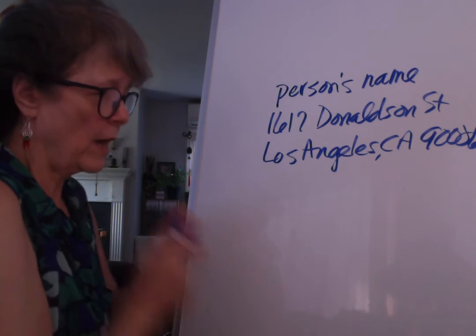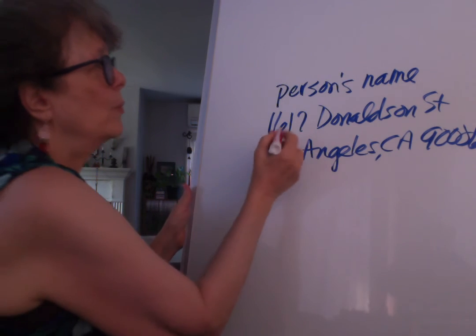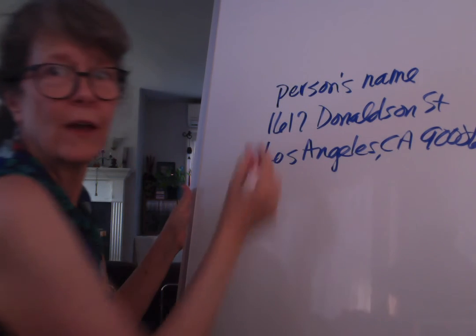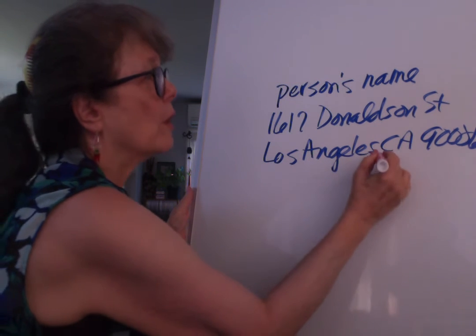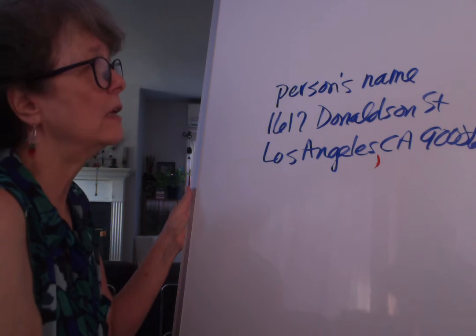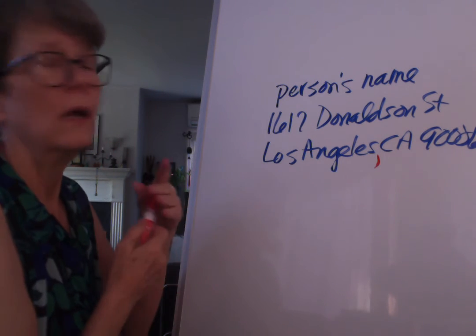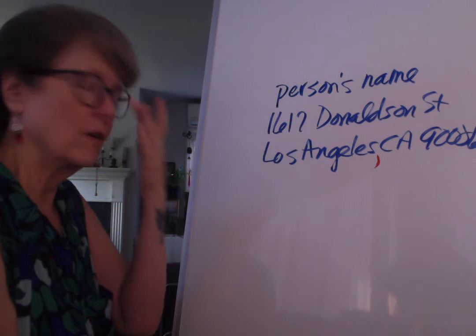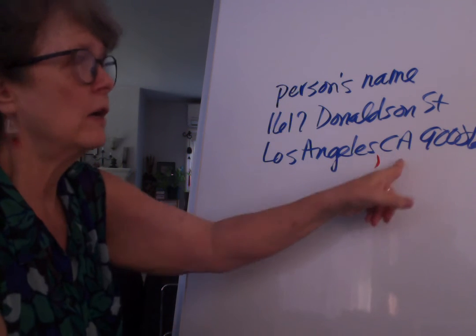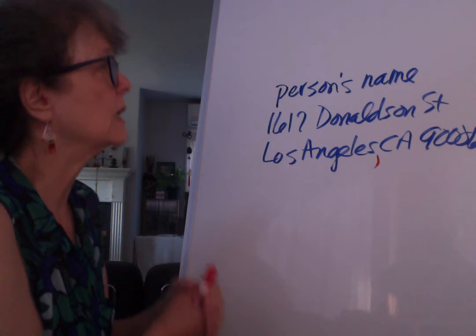If we were addressing an envelope like that, we don't put any commas in this line. But in this line, we put a comma between the city and the state, and we don't put a comma between the state and the zip code. The zip code and the state go together. They're a unit. This is an area of that state. Actually, it's an area of the United States.